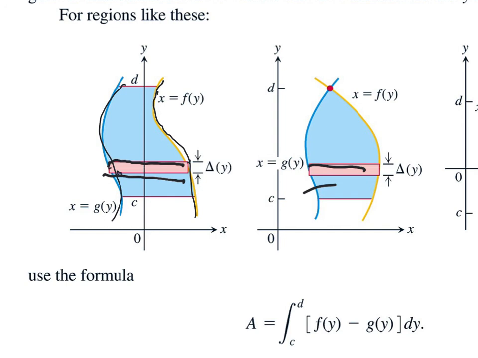So the height of this rectangle would be the difference between f and g, but it's f and g of y's because you had to solve for x. You have to solve both equations for x in order to integrate with respect to y.